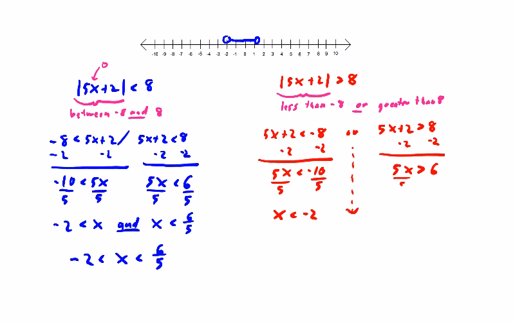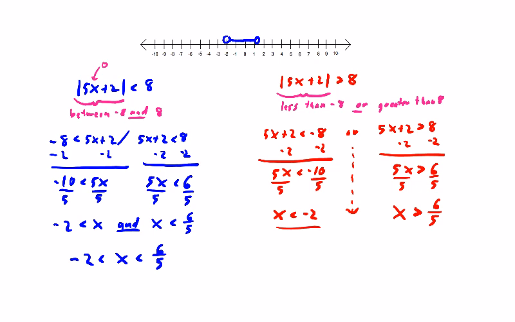Divide by 5 on both sides, and x must be less, oh, I'm sorry, I was looking at the other problem that we just completed. x must be greater than 6/5. So if we were to graph this out, x has to be less than negative 2.